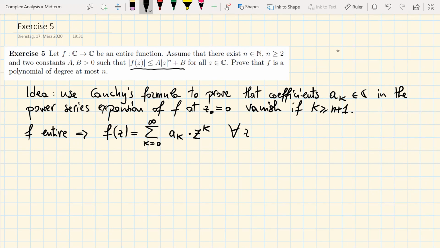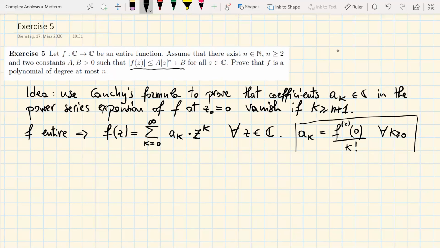And this is valid for all z in C. And now, from this formula, one sees easily that this a_k is equal to the kth derivative of f at 0 divided by k factorial. And now, to estimate this a_k, we need just to estimate the kth derivative of f, and this will be done using the Cauchy formula.